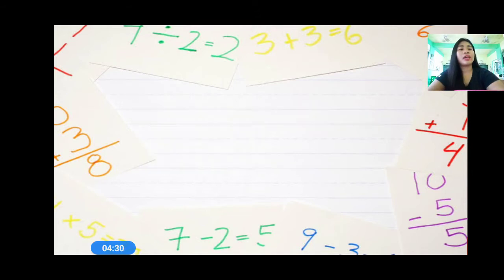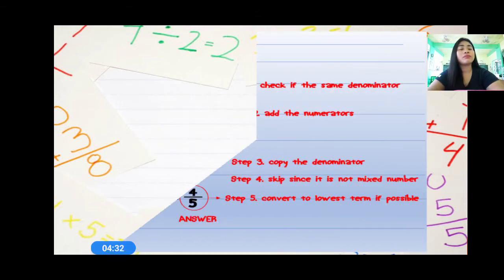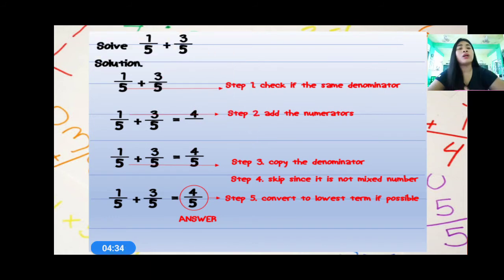So, I have here examples. Solve 1/5 plus 3/5. Remember that you have to check first if the denominators are the same. Is the denominator the same? Yes or no? Yes, very good. And then, step 2, add the numerators. What are the numerators? 1 and 3. Remember that we're adding. So, 1 plus 3 equals 4.